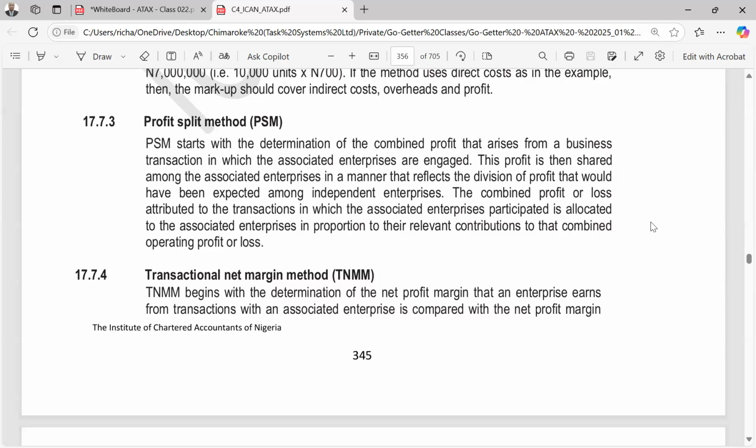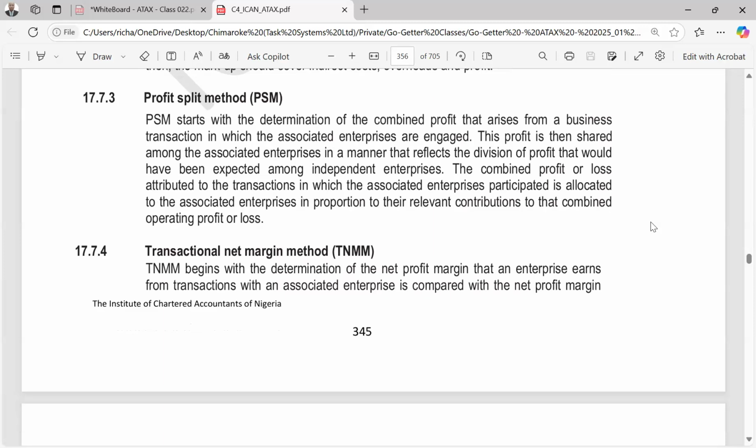So your profit will be based on capital supply. So with the profit split method, we check how much did you contribute? What is the profit that you are supposed to make? They are going to look at the appropriate basis for you to make that particular amount of profit, and they will judge from that whether it is at arm's length or not.